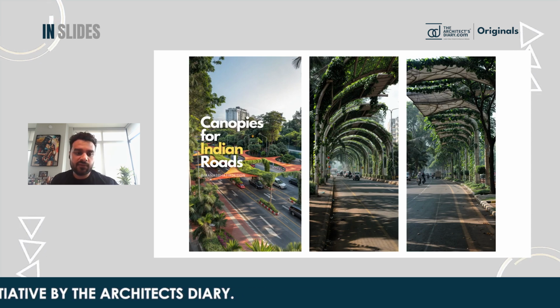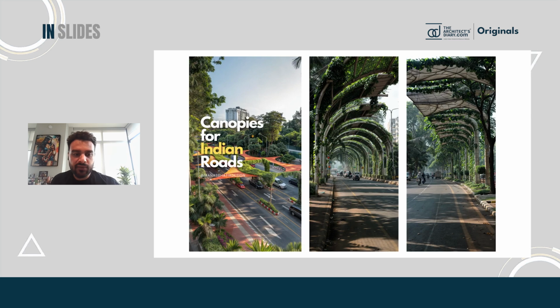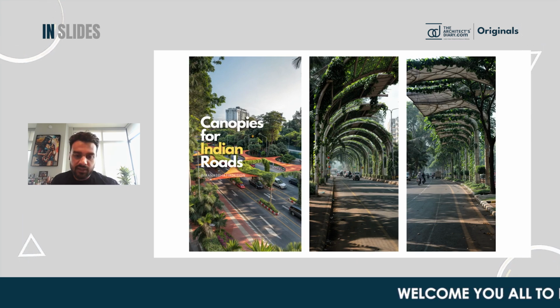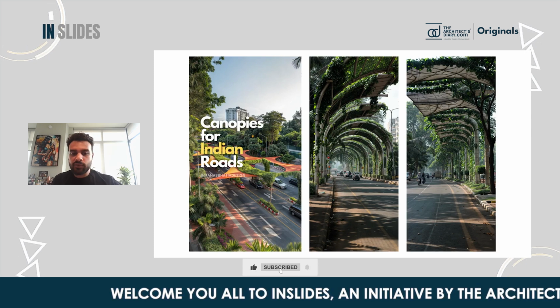So let's say, how would I visualize it if Indian roads had canopies over them in order to shade the roads? As we all know, the temperatures are rising, and if you're going to your work and you're stuck in traffic, then it's horrible to wait at that red light. So what if the roads could be shaded?